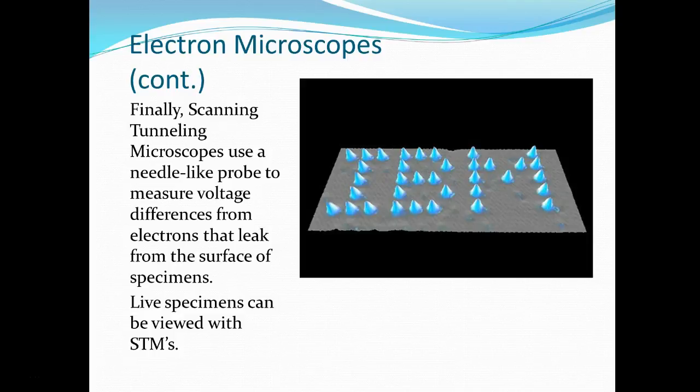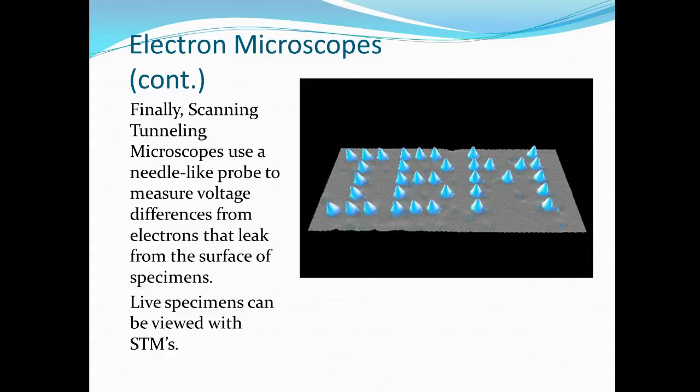Finally, scanning tunneling microscopes use a very narrow probe. It looks like a needle, and it's measuring voltages that are leaking out from the surface of the specimen, leaking electrons, really. That's what it's picking up. So this is the only one out of the three that can actually look at live specimens.